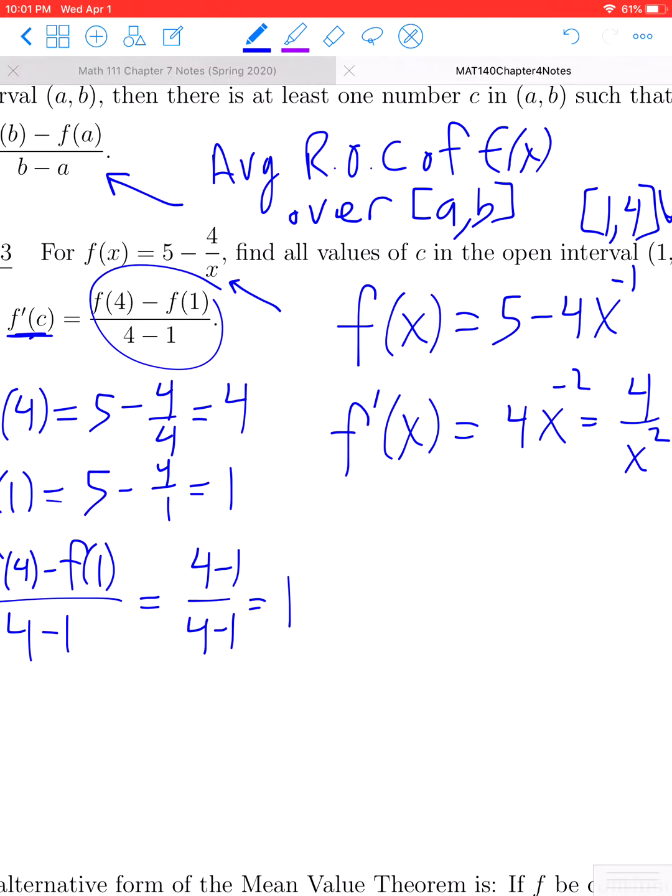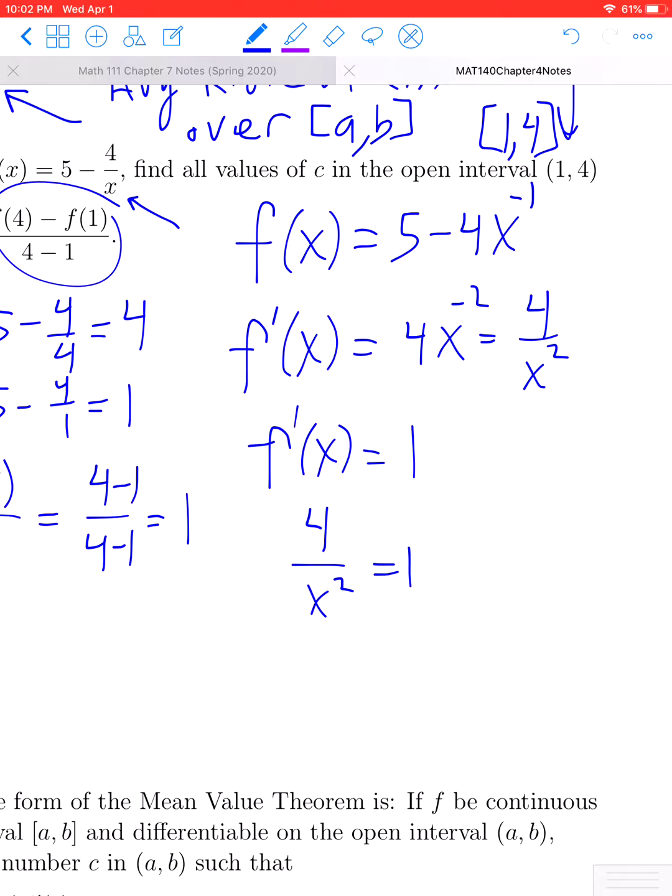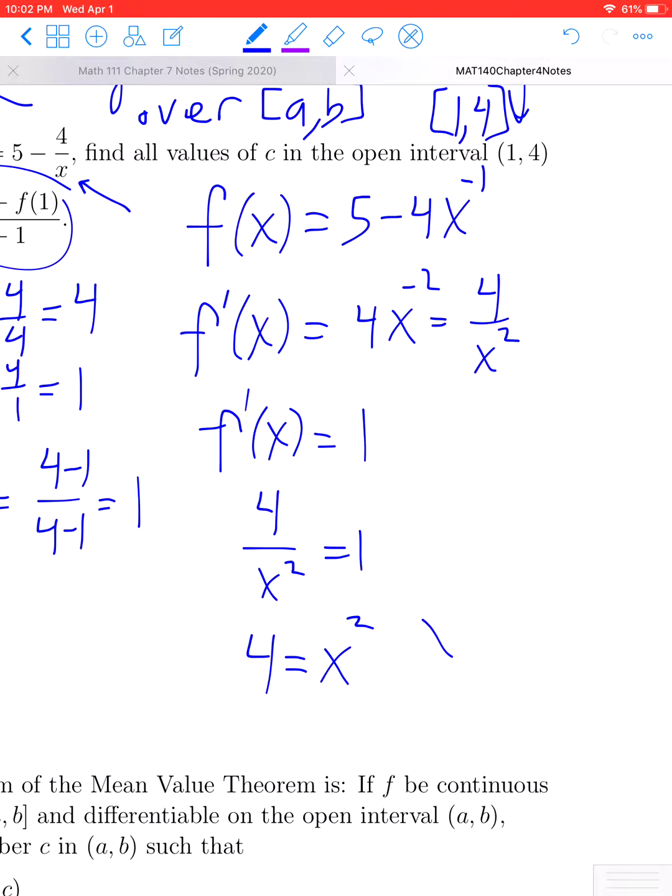We're going to go ahead and set f prime of x equal to 1 to solve for those values c. So we have 4 divided by x squared equals 1. Multiply both sides by x squared. We get 4 equals x squared. To get the x by itself, you would need to take the square root of both sides.